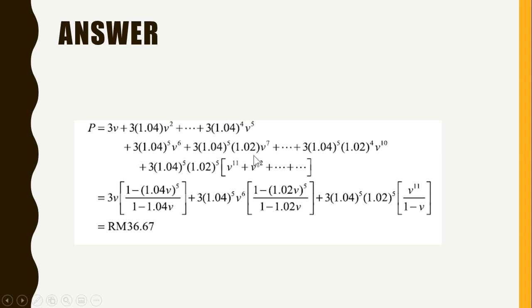The 1.02 here is the second interest the company promises to give, and multiply with V power 7, until 3 multiply 1.04 power 5 multiply with 1.02 power 4 and V power 10. So this is until the first 10 year interest rate.